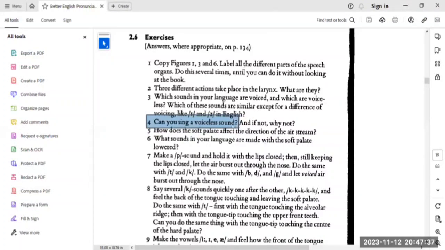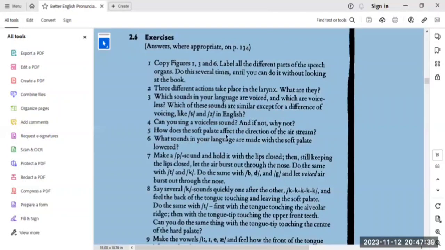Okay, let's take the last question. How does the soft palate affect the direction of the airstream? What do you think, guys? By the way, I talked about it at the beginning today. Yes, please.